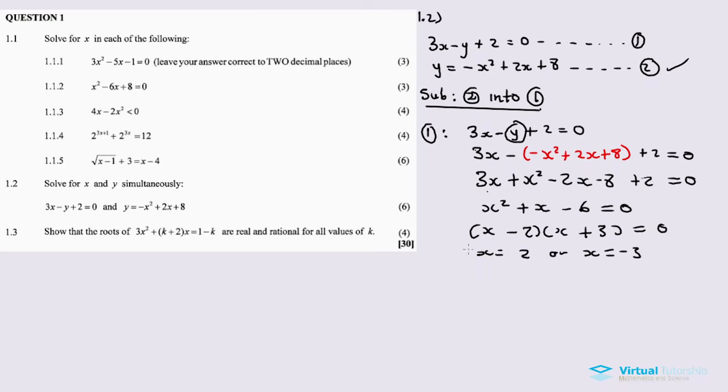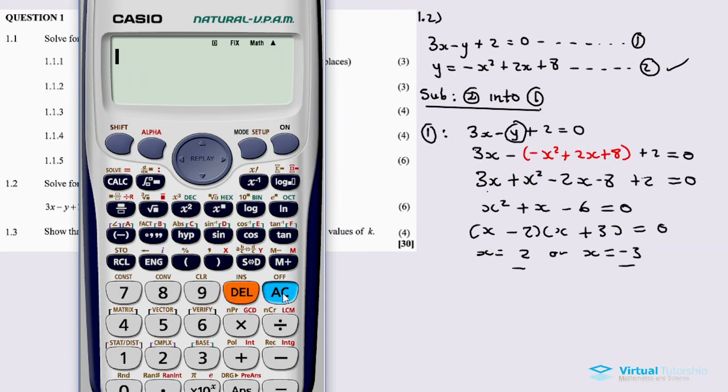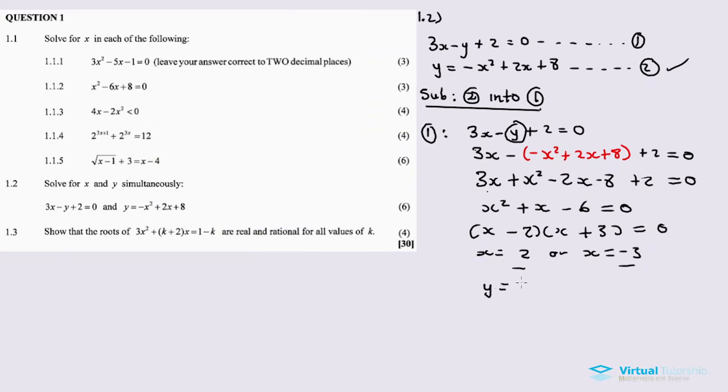Therefore we substitute into equation 2 or equation 1 to find the y values for these x values. Let's start with x equal to 2. Where there's x in equation 2, I put 2: minus 2 squared plus 2 times 2 plus 8 equals 8. So y is equal to 8 when x equals 2.